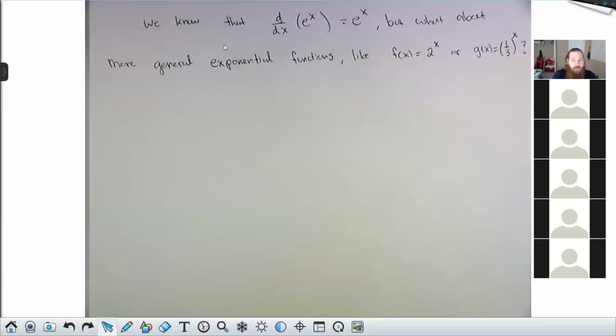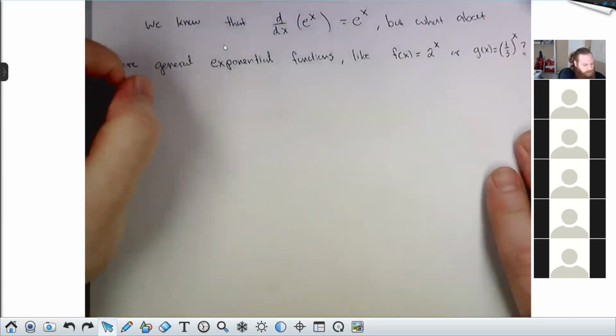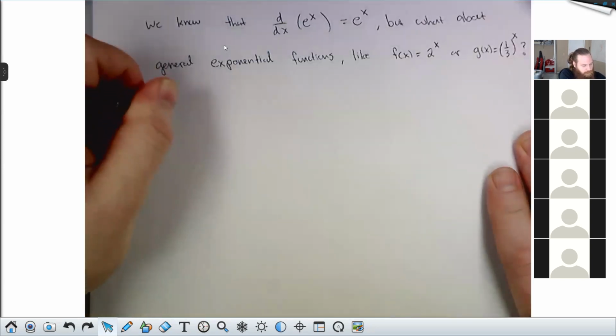So if e to the x is its own derivative, how can we figure out the derivative of 2 to the x or 1/3 to the x? Turns out there's a sneaky way to do this involving the chain rule and the natural log. So we have to get a little bit clever. There's an algebra trick here.